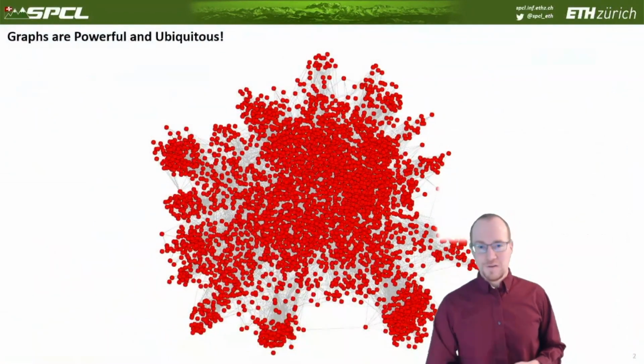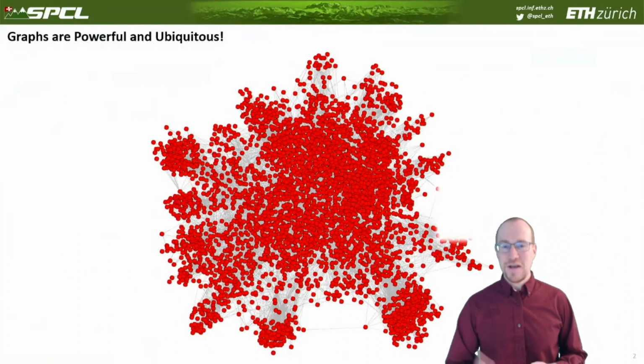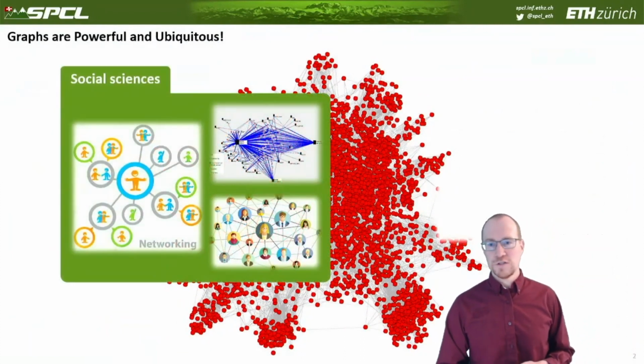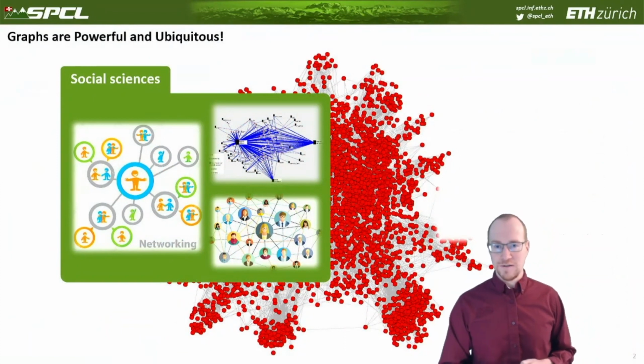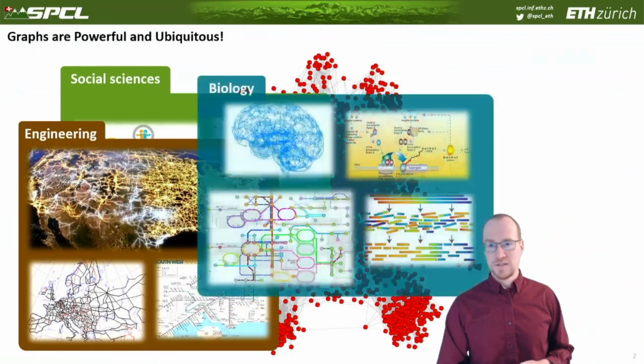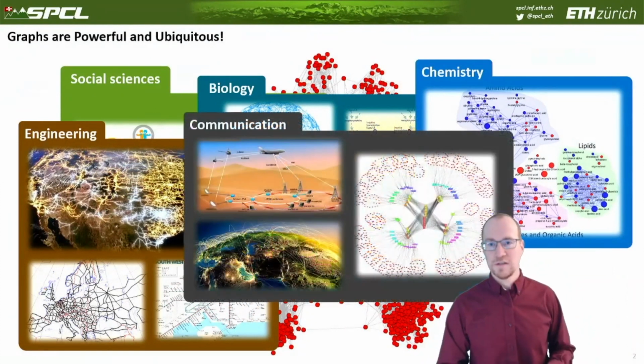So now, to just introduce in general, as we all know, graphs are extremely powerful and ubiquitous. Just to motivate you, social science: we all know social networking bases on social graphs. Engineering, much of it bases on large-scale graphs. Biology, brain-scale graphs, extremely large scale. Chemistry, looking at bondings, looking at new materials.